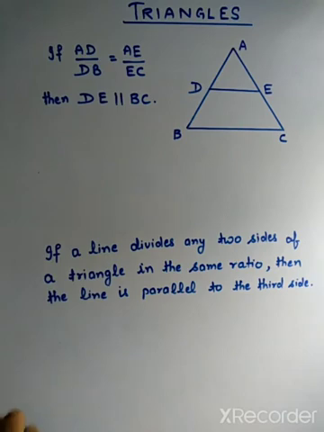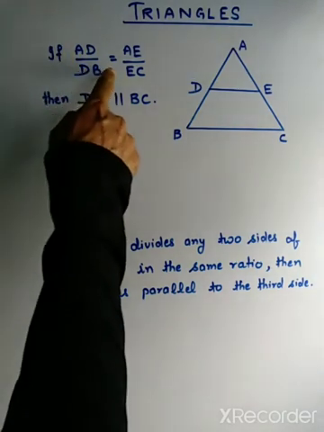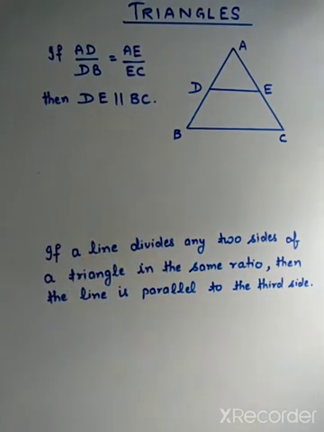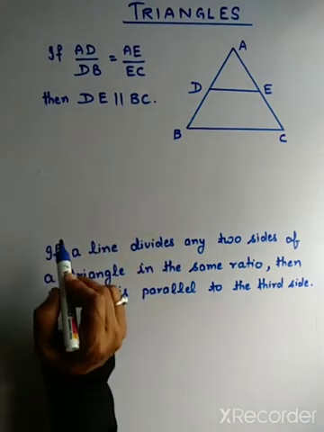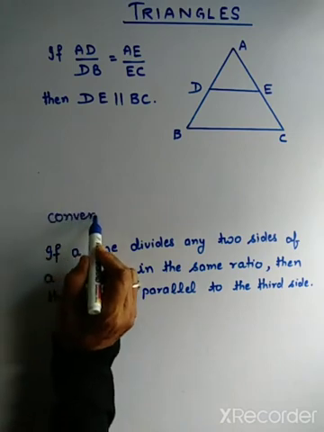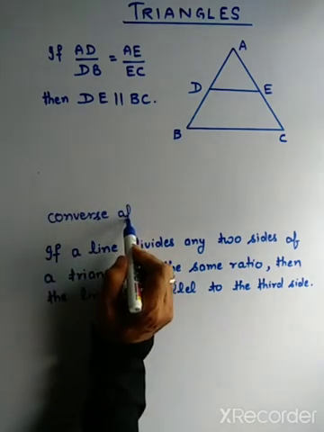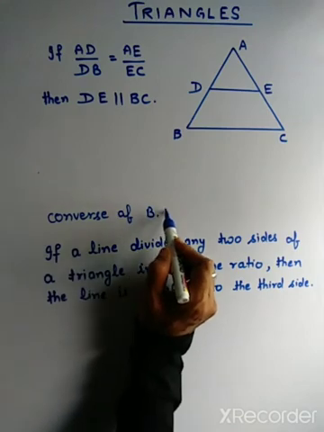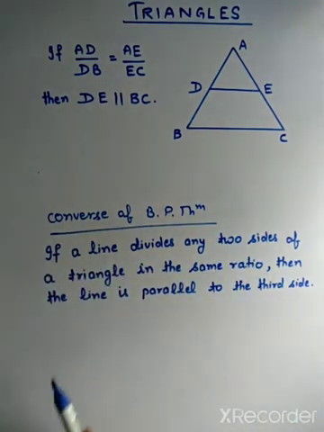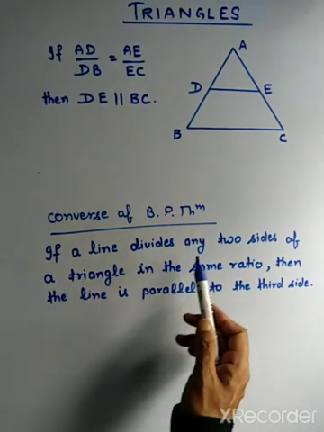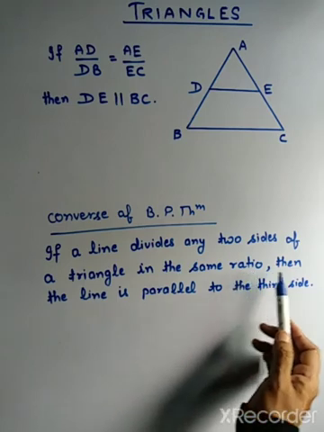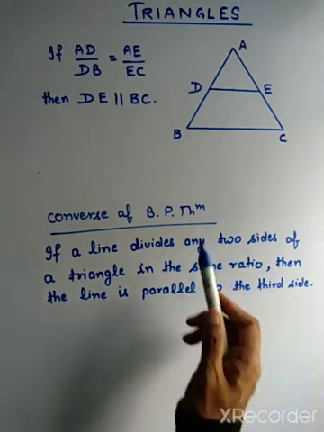Converse of Thales theorem is, if AD upon DB equals AE upon EC, then DE is parallel to BC. So, converse of basic proportionality theorem is, if a line divides any two sides of a triangle in the same ratio, then the line is parallel to the third side.